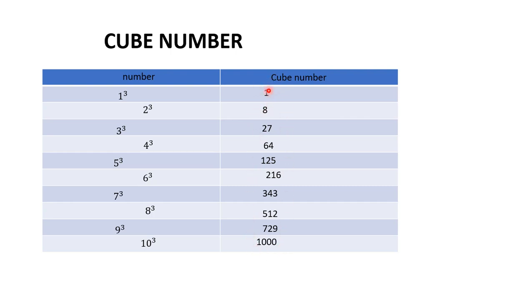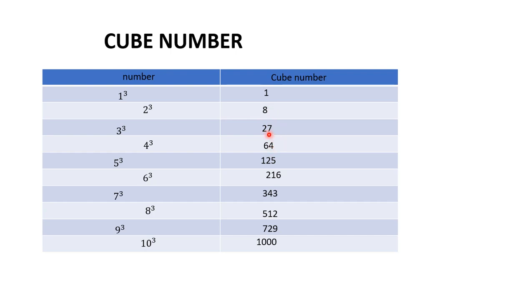That is, 1 cube is 1 and 2 cube is 8, which shows that the numbers between 1 and 8 are not perfect cubes. Similarly, between 8 and 27, the numbers 9, 10, 11, 12, 13, 14, 15, 16, 17, 18, 19, 20, 21, 22, 23, 24, 25, 26 are all not cube numbers, because we cannot get them as the product of the same numbers.